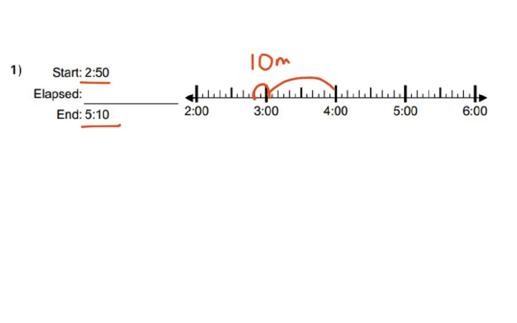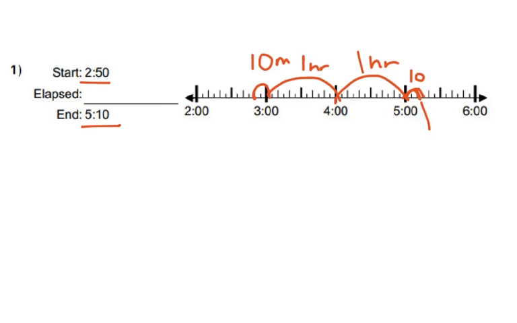From 3 o'clock to 4 o'clock, that's 1 hour. From 4 o'clock to 5 o'clock, that's 1 hour. Now look, my end time is at 5:10, so I'm not going to do an hour-sized jump because that will take me all the way to 6 o'clock. I'm going to just go two little marks over.